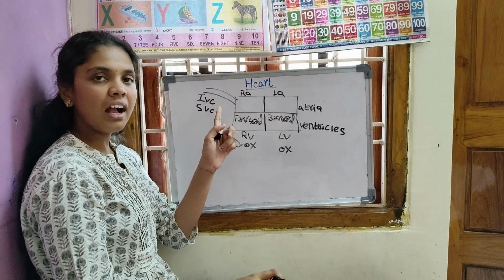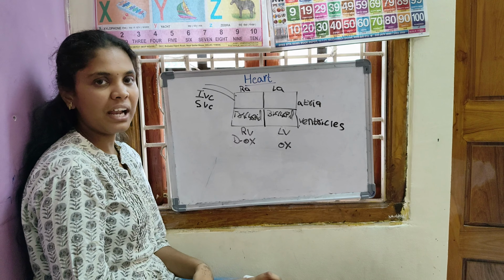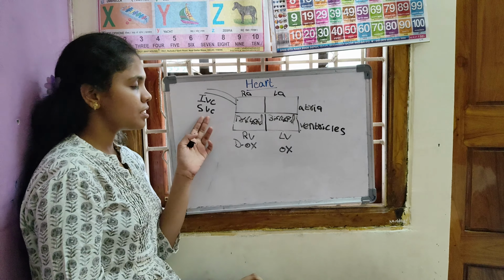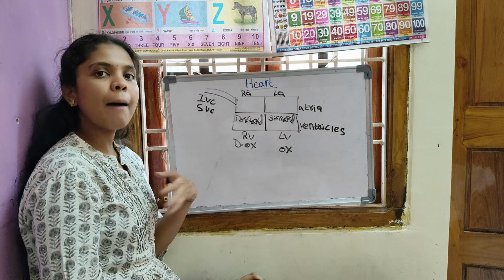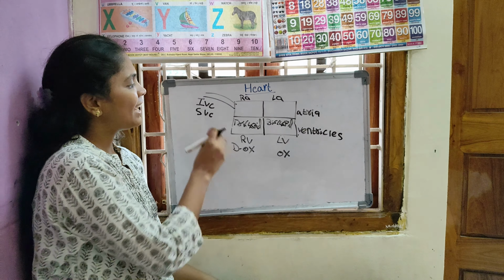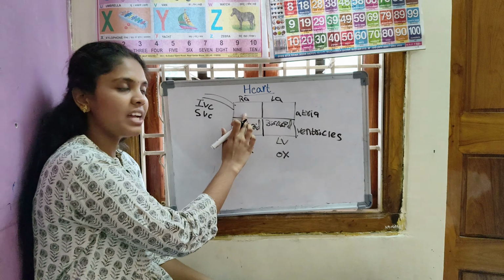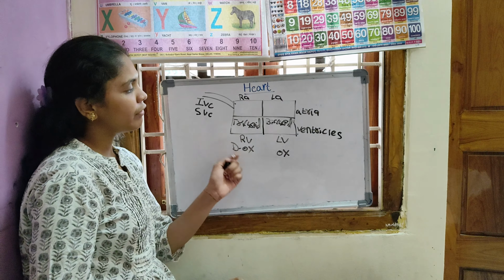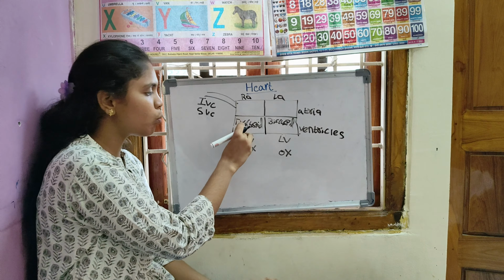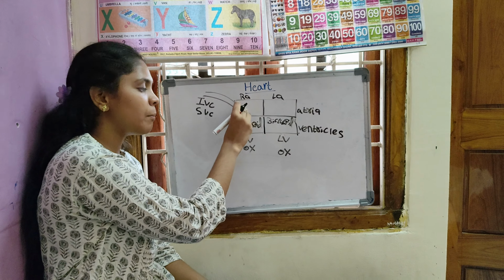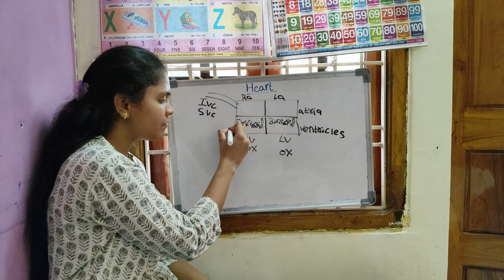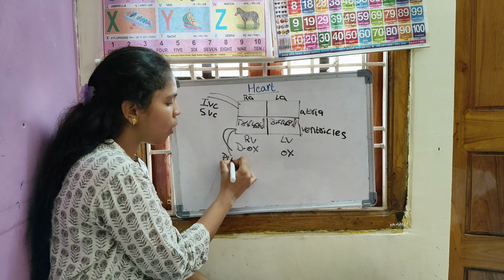The inferior vena cava gets all the deoxygenated blood from the lower parts of the body, like your thighs, legs and feet, whereas the superior vena cava collects blood from the upper parts of your body, like your brain and head. All this deoxygenated blood is sent into the right atrium, and with the regulation of the tricuspid valve, the deoxygenated blood from the right atrium reaches the right ventricle.